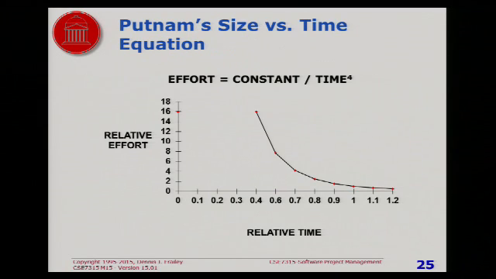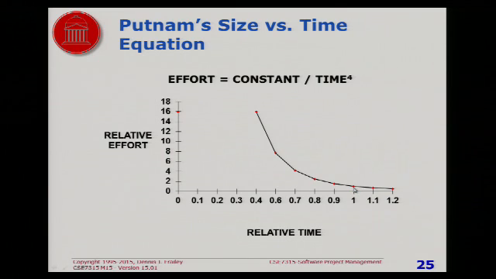Putnam was working in an environment where all the projects that he discovered were not given enough time. They were all under intense schedule pressure, so they were all toward the left. And therefore, he had a lot of data points to justify the portion of the curve that's over here. He had very few data points to the right.